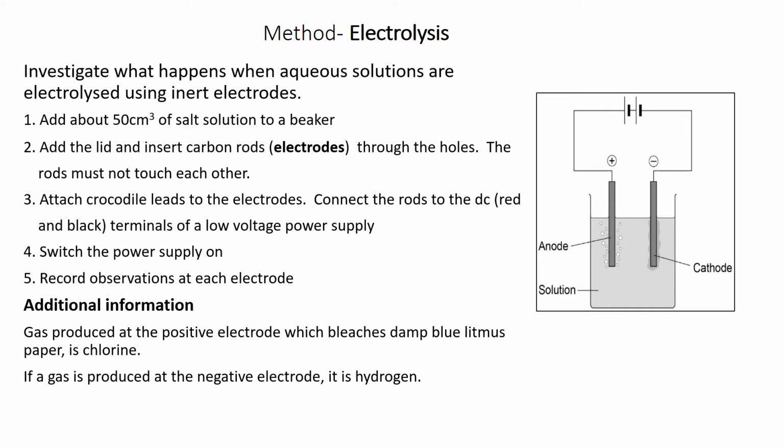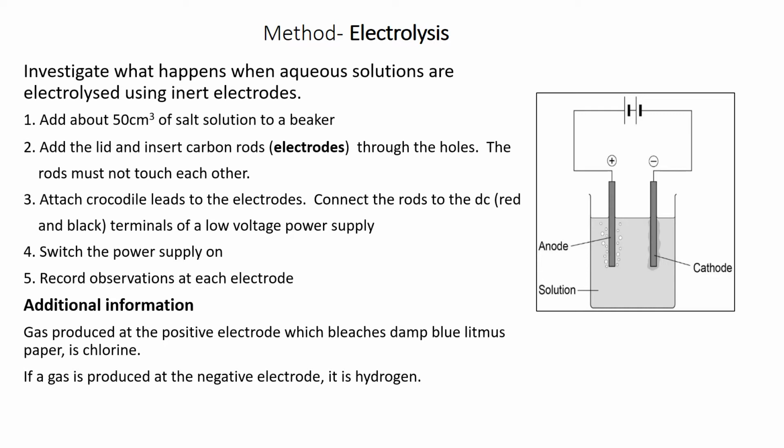We're going to attach our crocodile leads to the electrodes, and then connect the rods to the power supply. We're going to switch on the power supply. Now, when you've done this in class, you probably had a bulb in your circuit, and the purpose of the bulb isn't just to make the room look pretty. The purpose of the bulb is to show that the electrons are flowing.